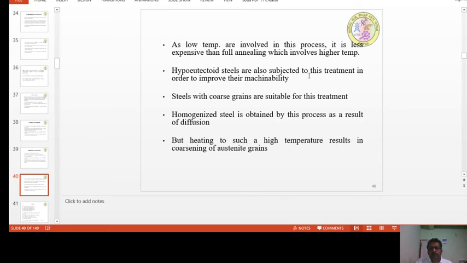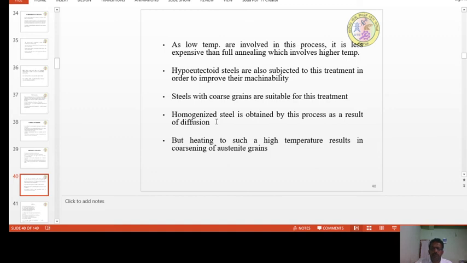Hypoeutectoid steels are also subjected to this treatment in order to improve the machinability. Steel with coarse grains is suitable for this treatment. Homogenized steel is obtained by this process as a result of diffusion. So when you raise the temperature and soak the material at high temperature for a very long time, what happens? The variation in the composition causes a concentration gradient, and because of the supplied energy, the contents will try to take uniform positions.